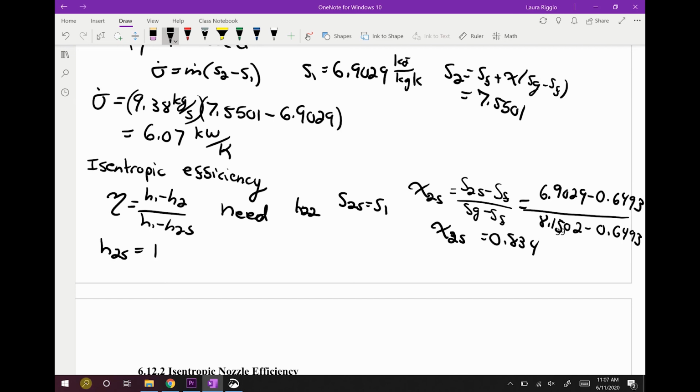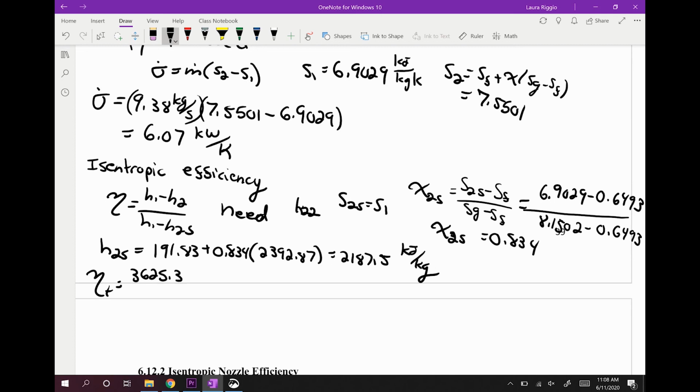So my new enthalpy is 2,187.5. So my isentropic efficiency comes out to be 85.7%.